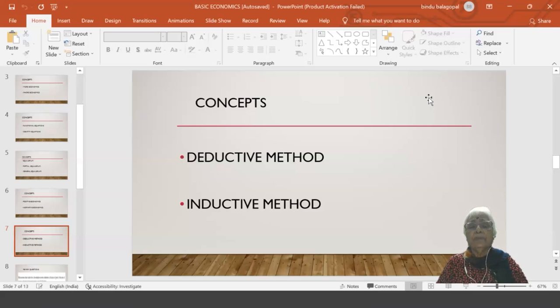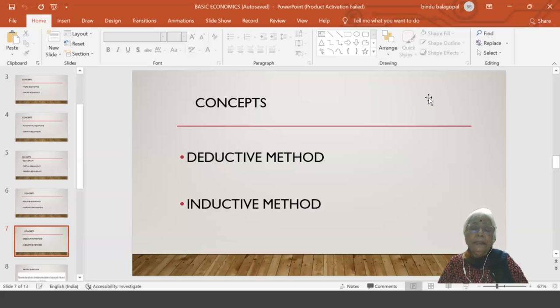Now, this deductive method has been made use of by Ricardo a lot. In fact, David Ricardo is famous for starting every problem by saying, let us suppose. And very logically, very correctly, he would come to certain conclusions. That is analytical method. We talk of analytical method now, deductive method. It's logical. And from assumptions, you come to certain conclusions.